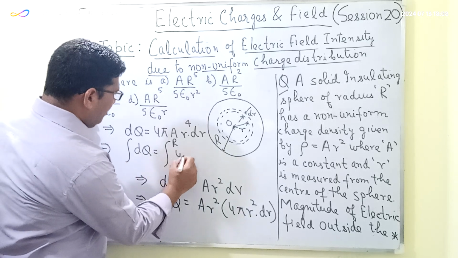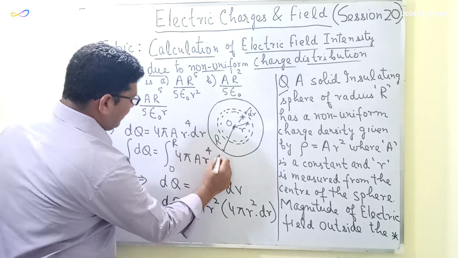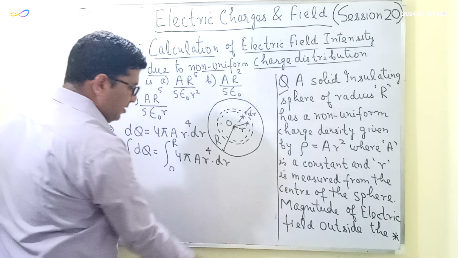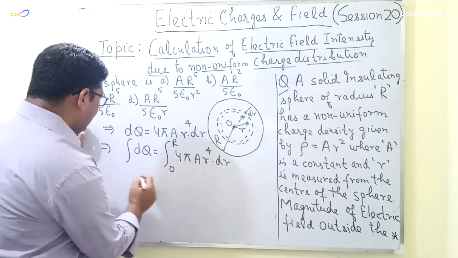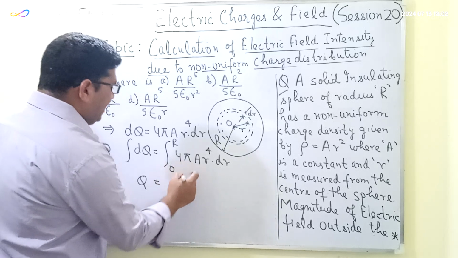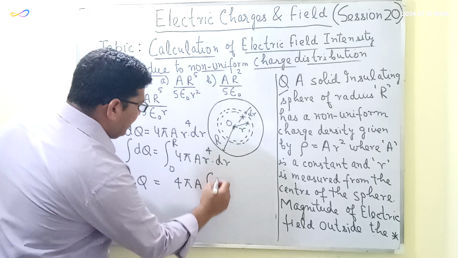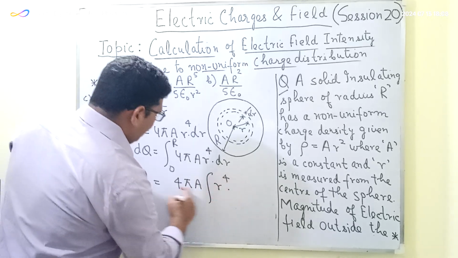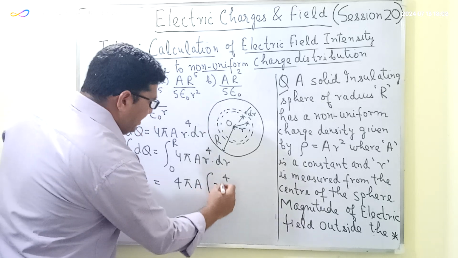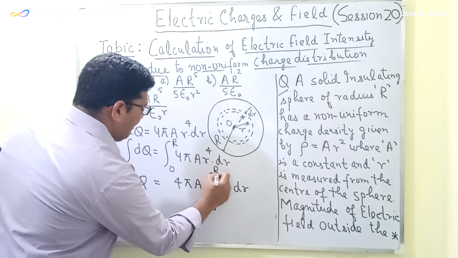So this is equal to the integral of 4 pi A r^4 dr. Now 4 pi A are constants because A is also a constant, so this can be taken out, and we simply have to integrate r^4 from 0 to capital R.